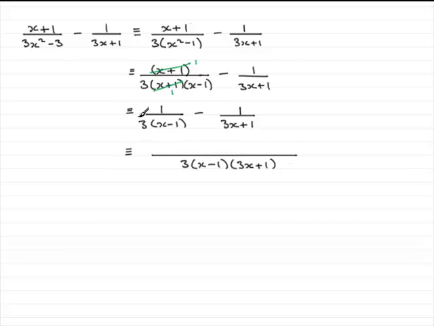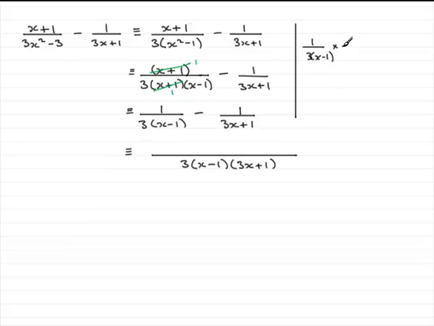Now when we look at the first fraction here, let's just show you what I mean. When we look at the first fraction here, 1 over 3 bracket x minus 1, what do we need to do to this fraction in order to make it have this denominator? Well, you can see we've got a 3 times x minus 1 here. What we need to do is times by another 3x plus 1.